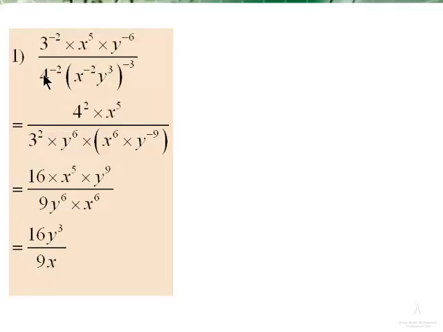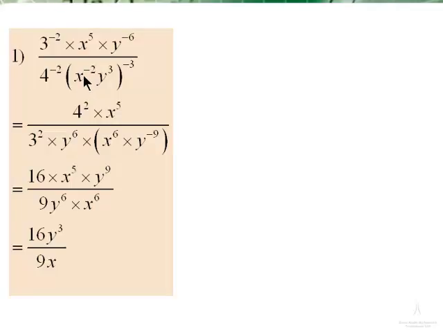In the same way, 4 to the power minus 2 becomes 4 to the power 2. You see, I treat the numerical exponential expressions first. Now, x to the power 5, there's nothing wrong with that, but y to the power minus 6, we will move down, and then it will become y to the power 6.